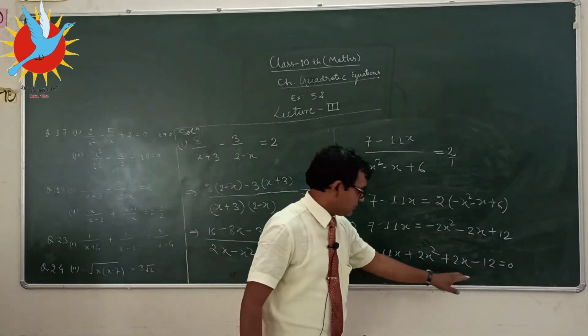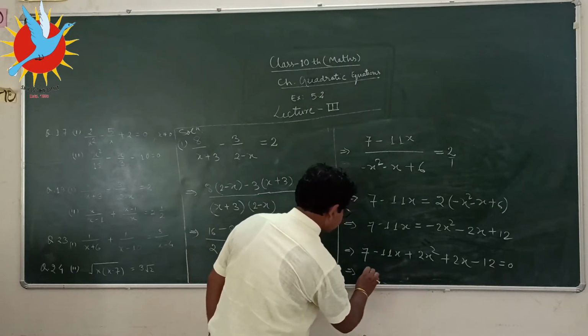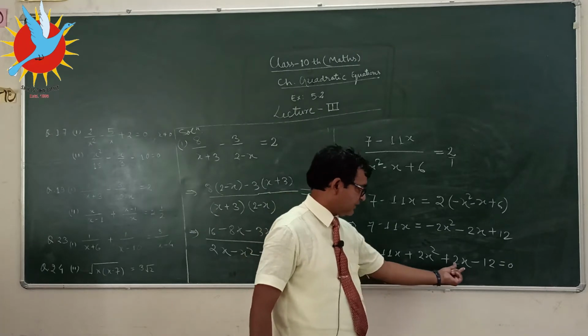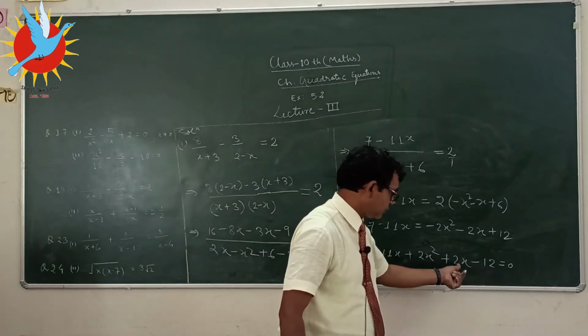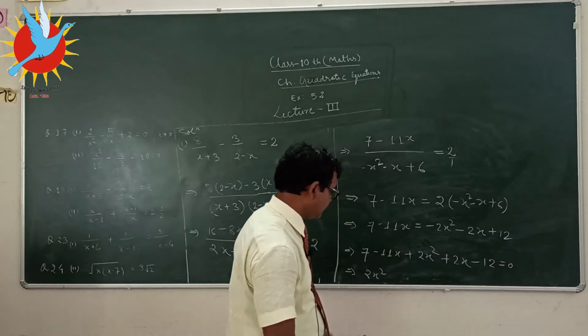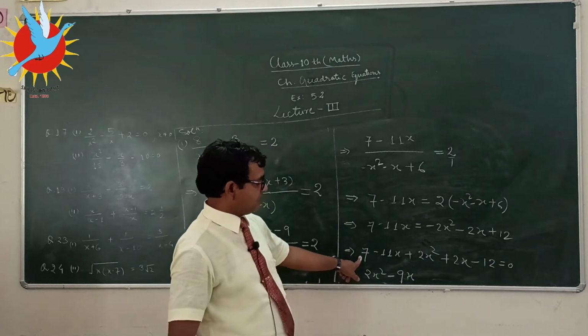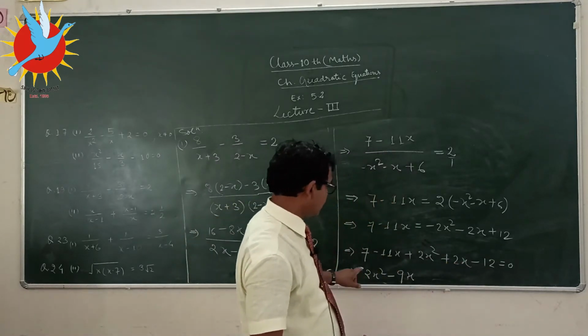Now further simplify it. We have 2x square, and here is minus 11x, and here is 2x. 11x is with minus sign and this is plus sign, so 2 would be subtracted from the 11. We have 9x, and this 7 is with plus sign and this is with minus sign.